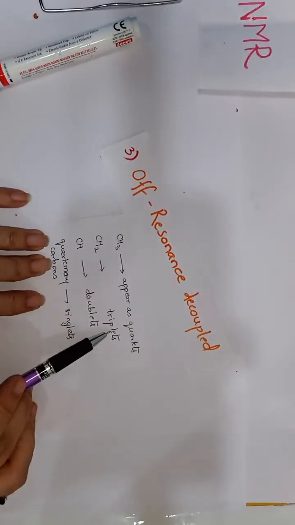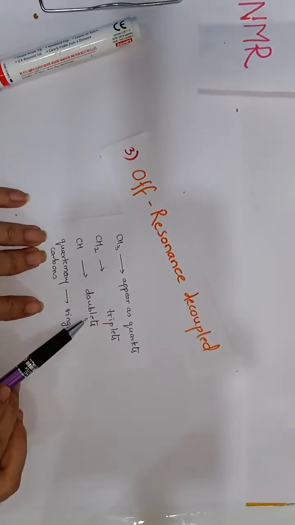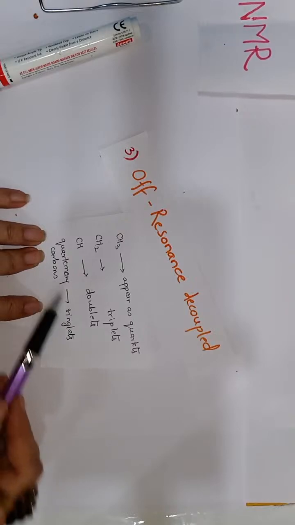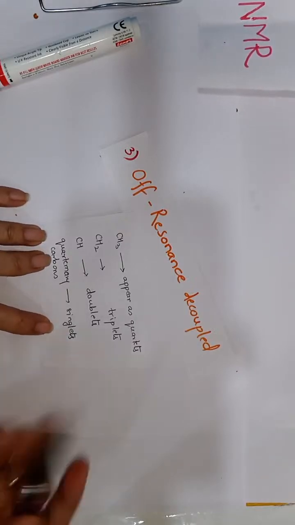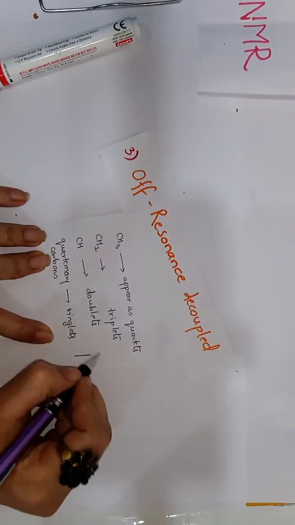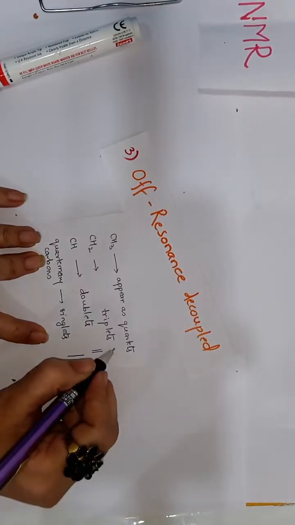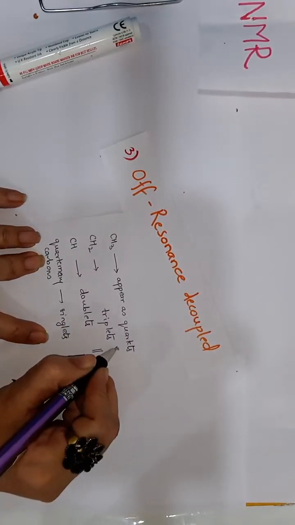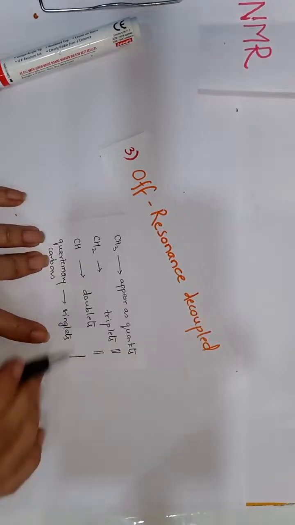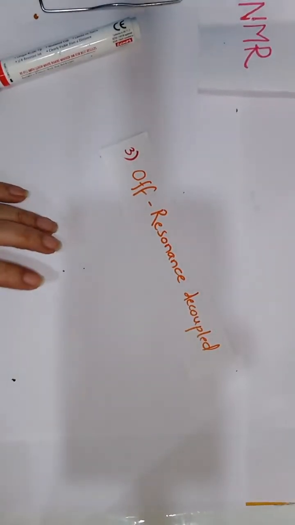CH2 will appear as triplets, CH will appear as doublets, and quaternary carbons will appear as singlet. Singlet will just be a single line. When it is a doublet, it will be two lines nearby. Triplets will come something like this. So only line signals will be observed.